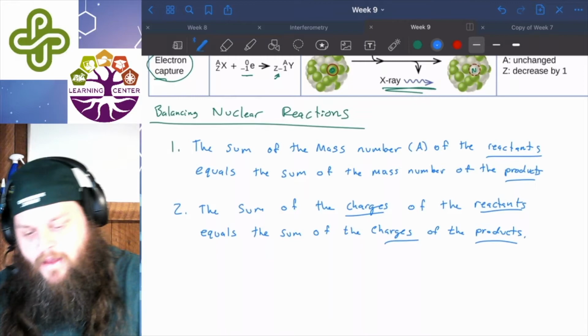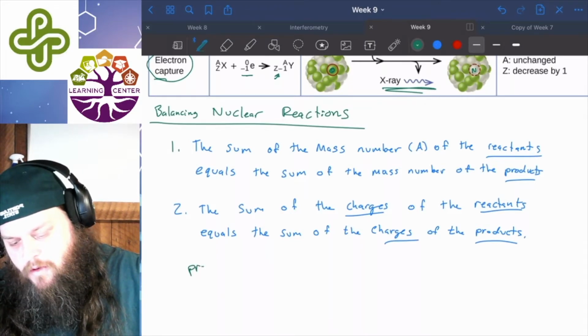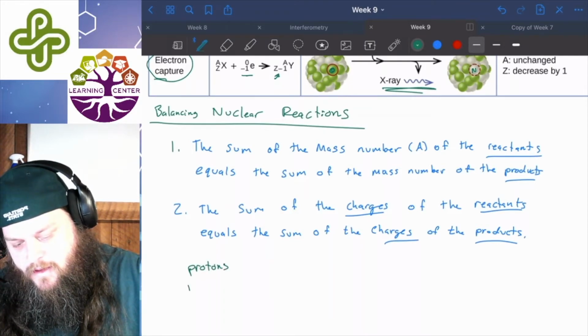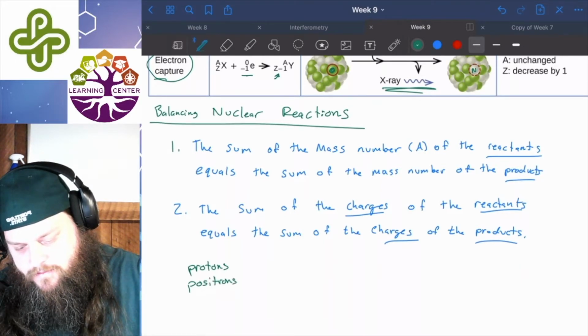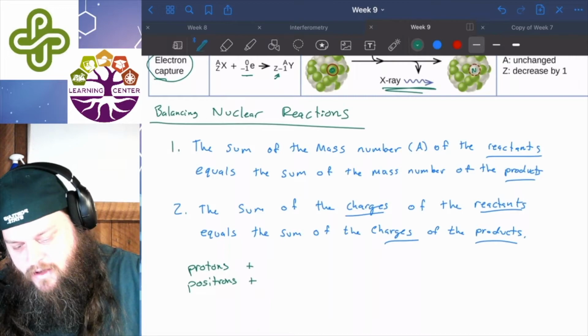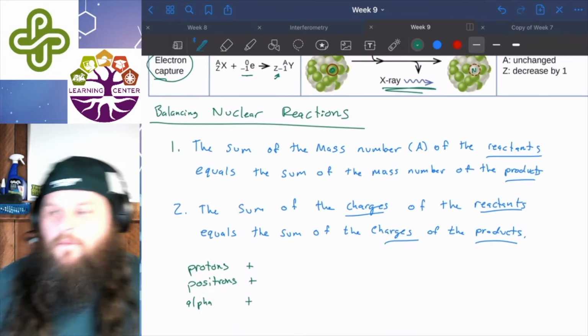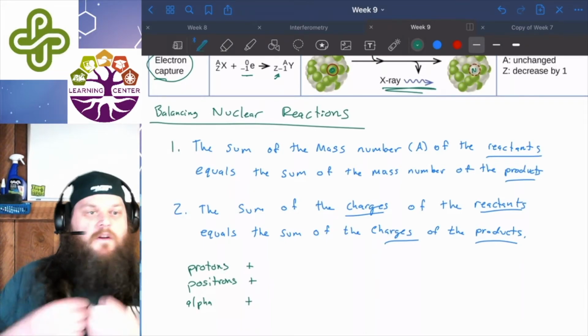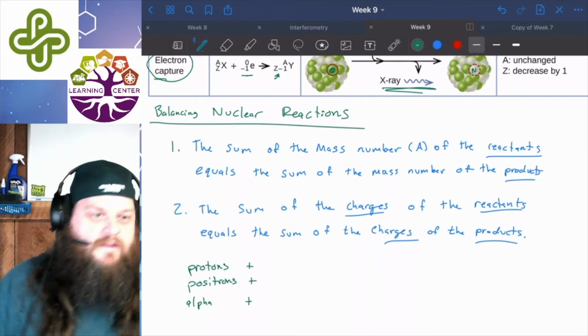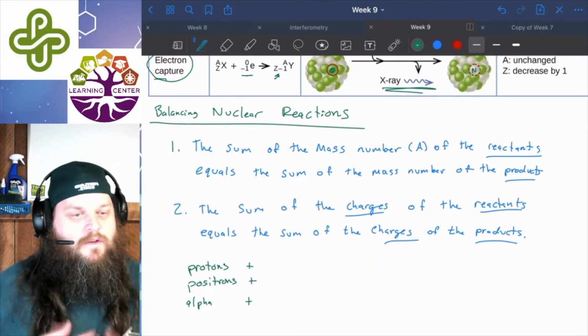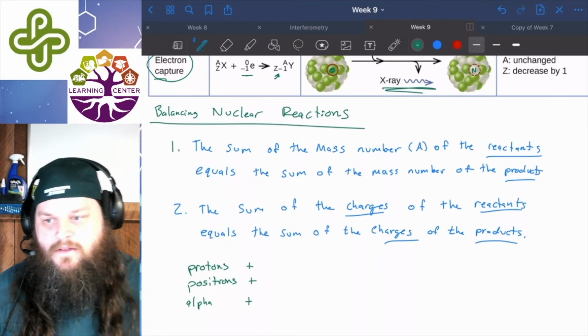And remember that protons and positrons have a positive charge. Same with alpha particles. They have a positive charge to them. Really, we're actually losing 2 protons in that process is part of what we want to think about. So we're losing that 2 plus.